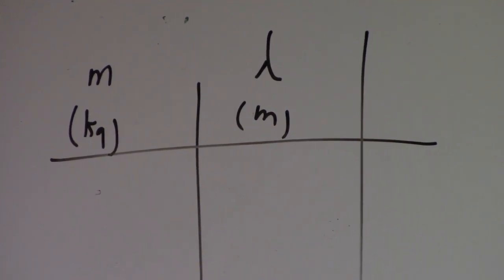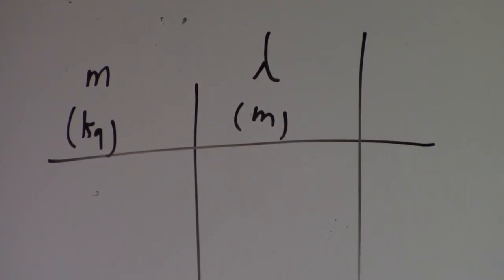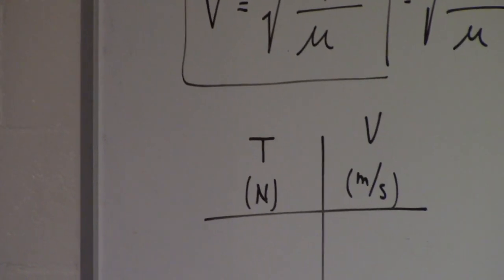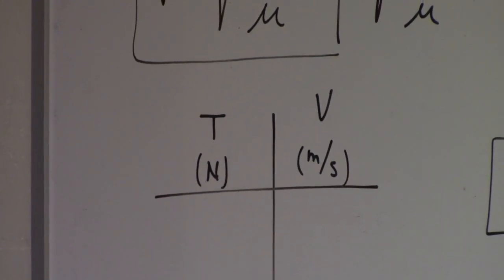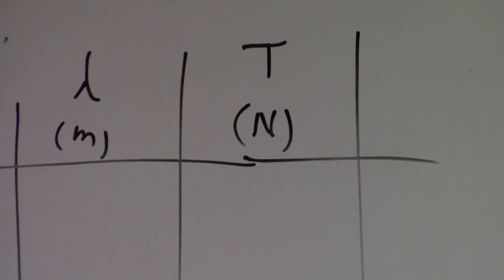So that's the raw data. And then I'll show you graphical analysis, because we need to get to tension and velocity. So we will make a new calculated column, which is the tension in newtons.